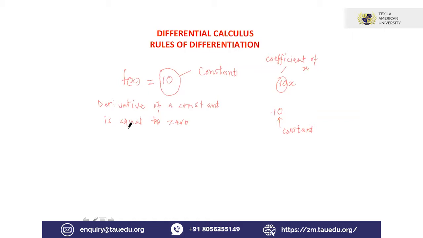Now, for example, if I have g of x is equal to 25. This 25 is a constant. A derivative, you know, in English, we have what we call the exclamation sign. Now, we also have what we call the apostrophe.